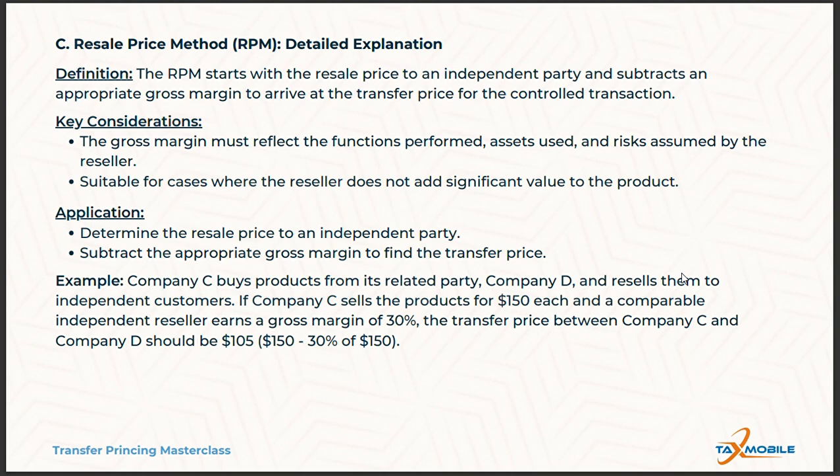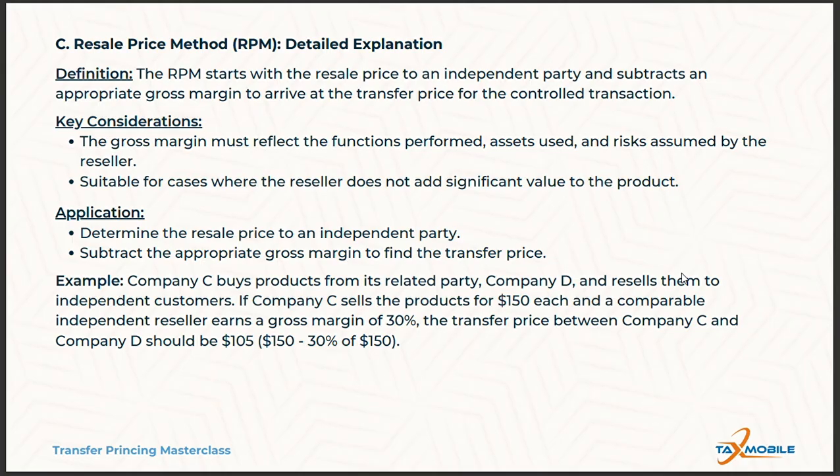Adjust for any differences in functions performed, risk assumed, or assets used between the related and independent distributor. So for example, company C buys product from its related party, company D, and resells them to independent customers.